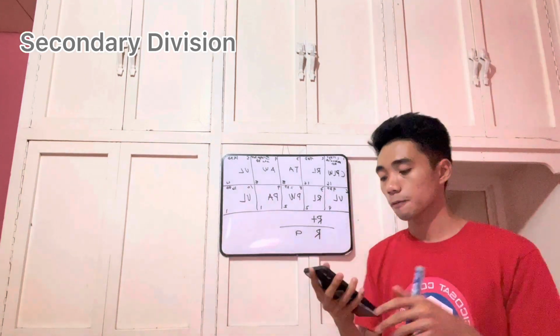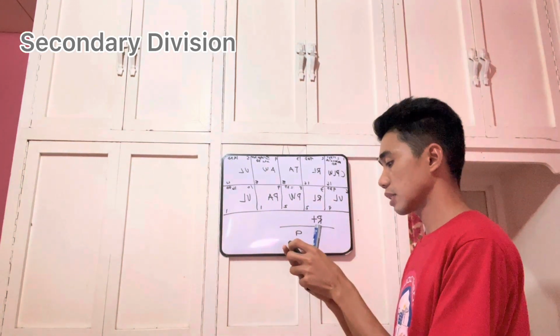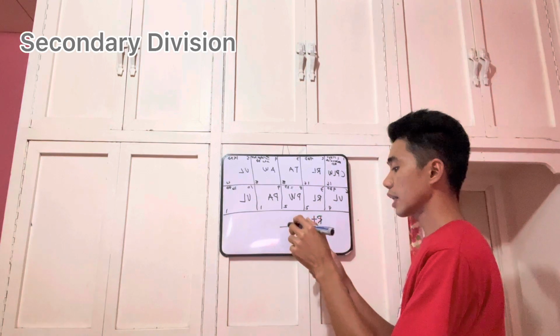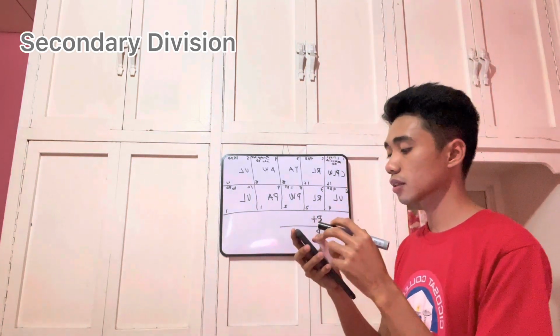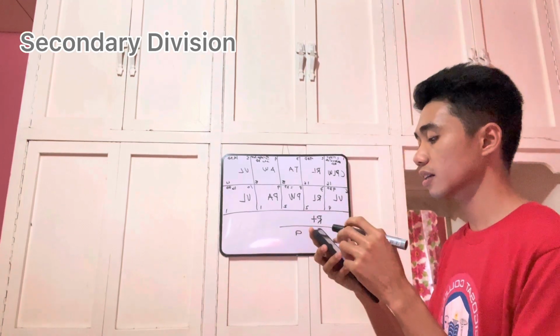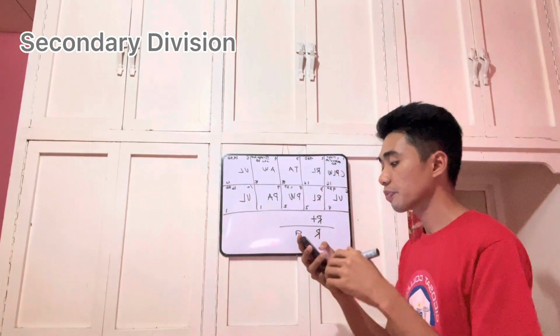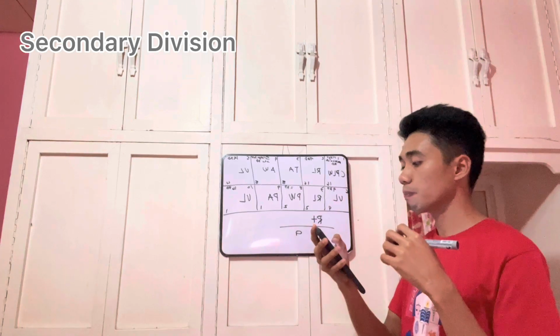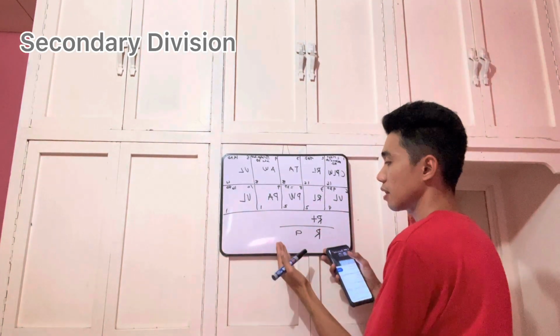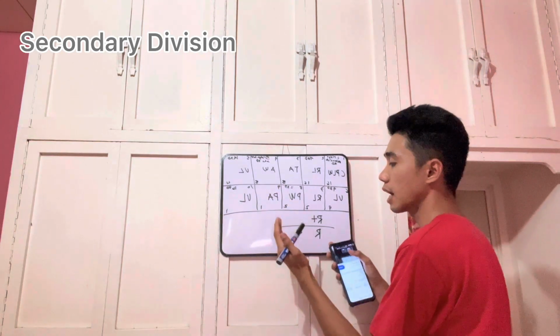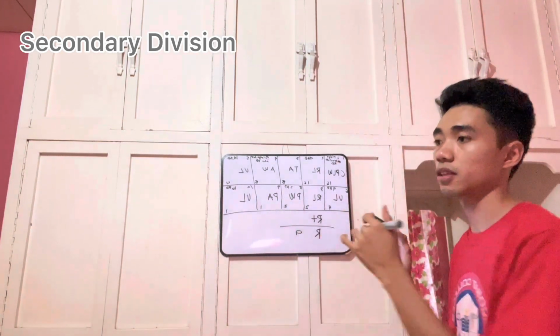Remember yung RAT natin is yung radial loop R, plain arc A, and tented arc T. Radial loop, plain arc, and tented arc, yun lang yung kukunin natin para makuha natin yung secondary division.